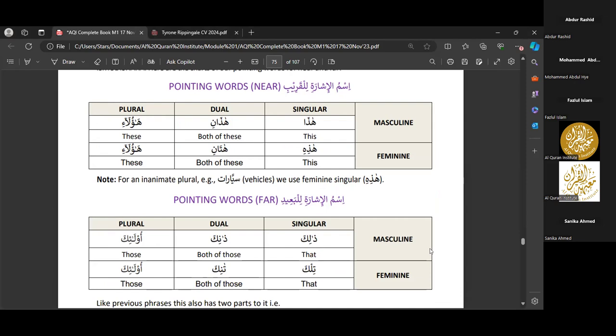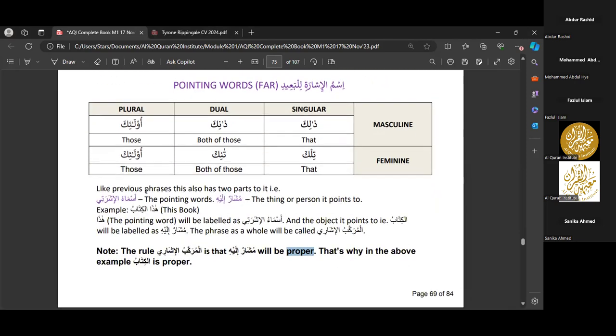And also, the other takeaways: I believe you have already mentioned that the ismul ishara has to be definite, right? And what about the musharun ilay? Does it need to be definite or does it not matter? Yes, the musharun ilay has to be proper. Correct. Good.